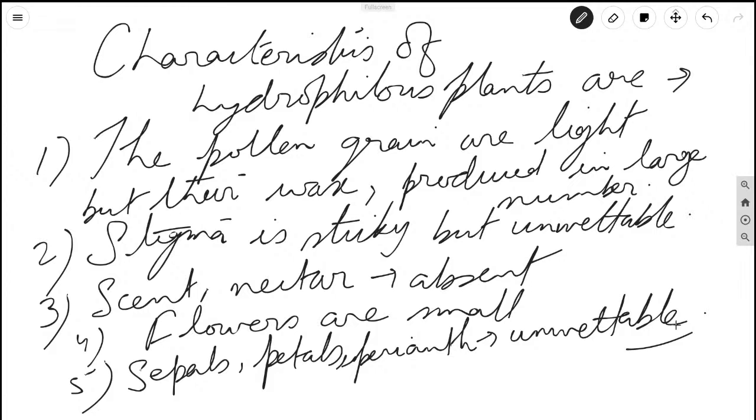Now we come to zoophily, where many animals act as pollen agents, biotic components. Bees, flies, beetles, ants, wasps, moths, birds like hummingbirds, and bats are various examples of zoophily. Insects, particularly bees, are the dominating biotic pollen agents. That's why we will study entomophily here.